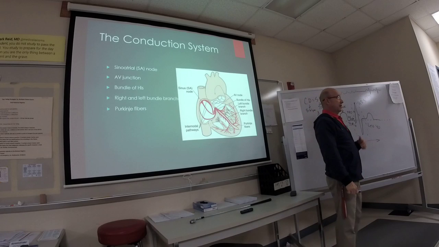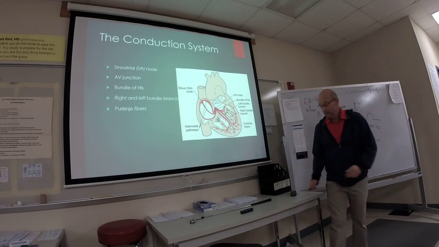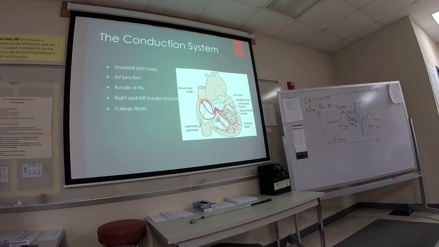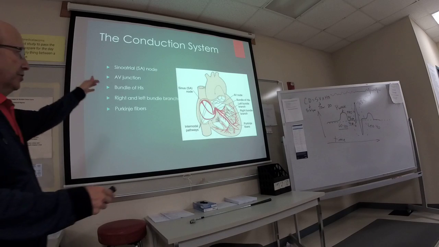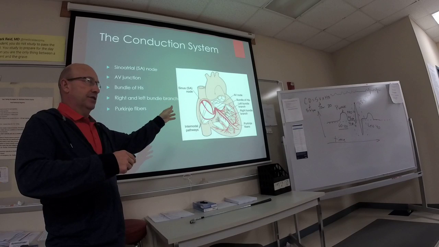So that would be the normal cardiac output. Anyhow, so that's the electrical conduction system. And the rest of the time, when we're looking at EKG interpretation, we're going to be looking at problems with this electrical conduction system.